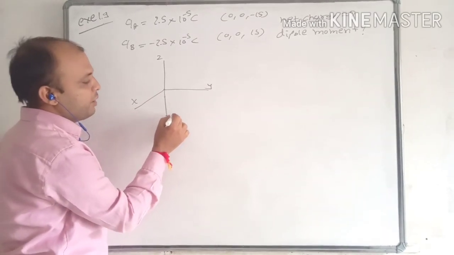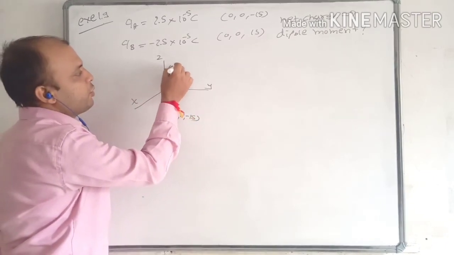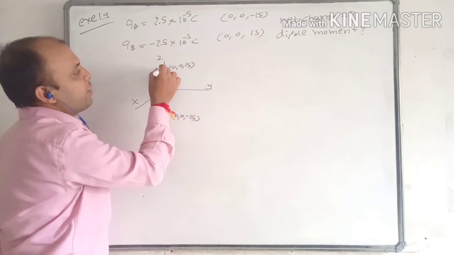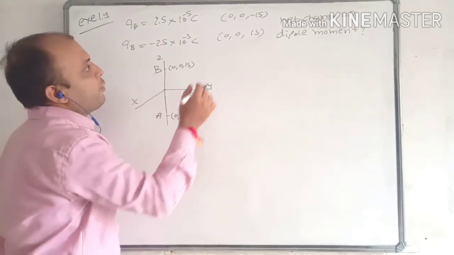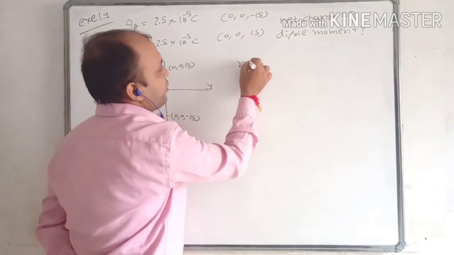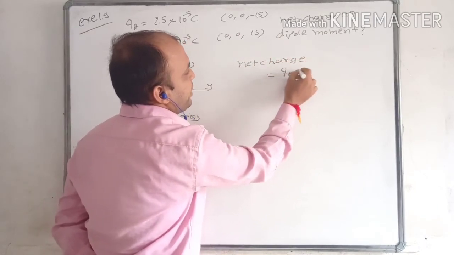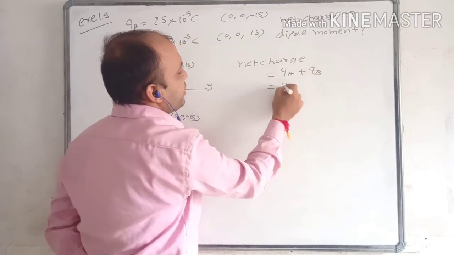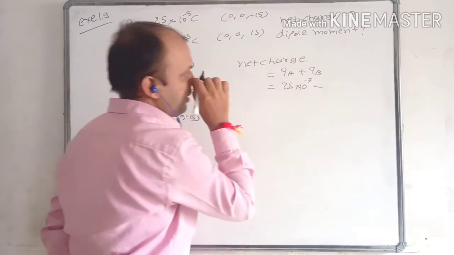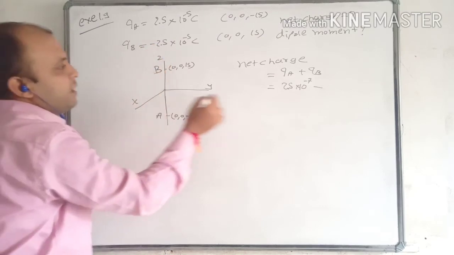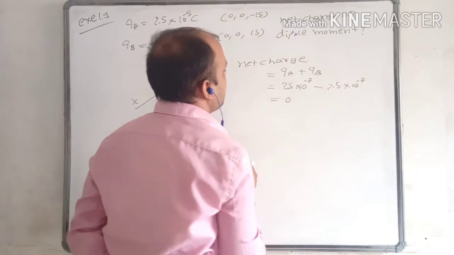So here 0, 0, minus 15, and here 0, 0, plus 15. This is for B and this is for the A charge. Now we have to find the net charge. So net charge will be QA plus QB. QA is 2.5 into 10 raised to minus 7, plus, but instead of plus here the charge is negative, so we apply negative 2.5 into 10 raised to minus 7, so the answer will be 0.